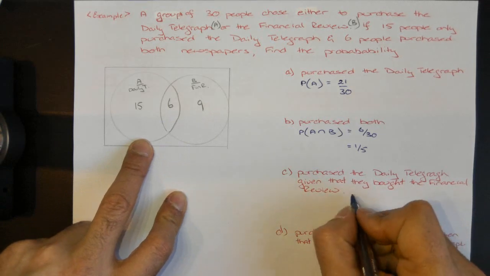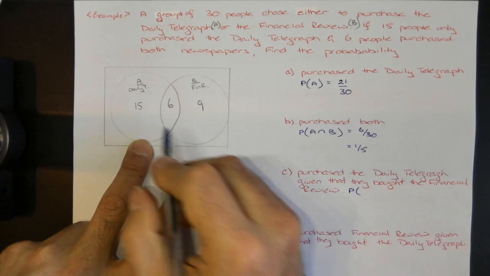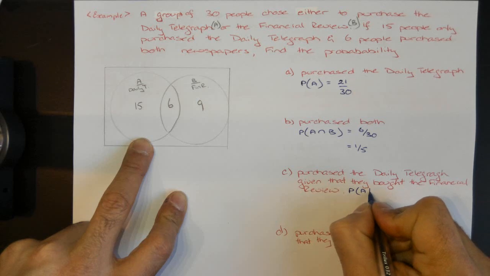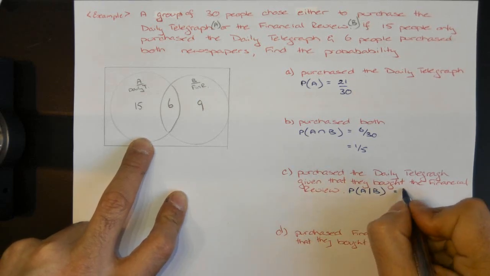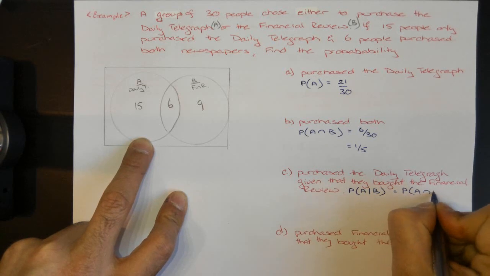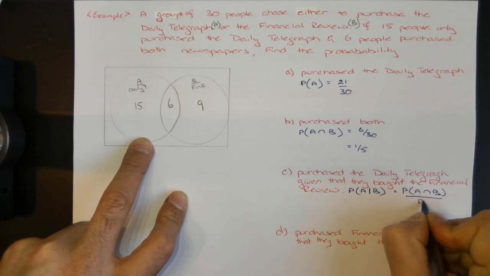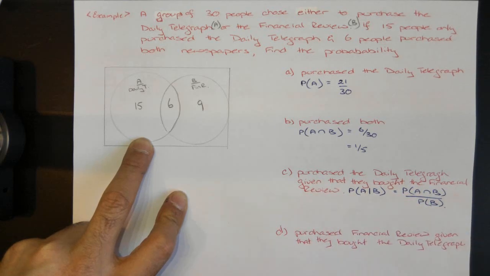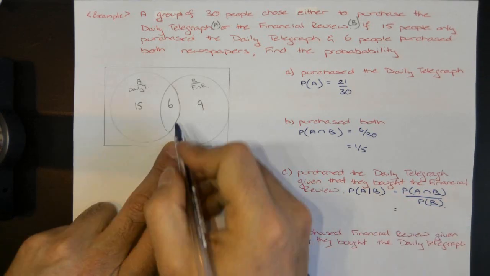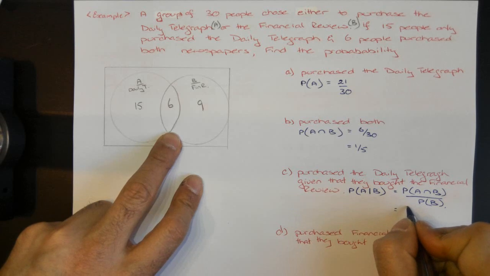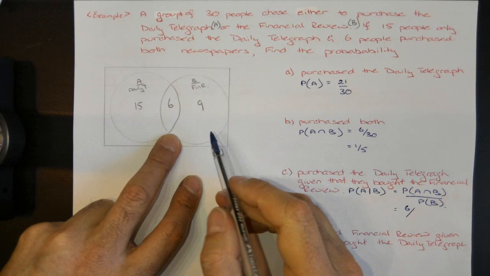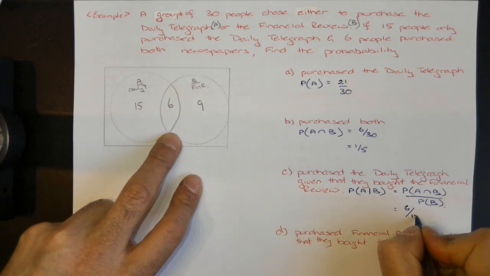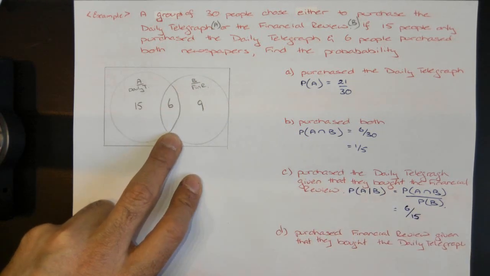We want the probability that A has occurred given that B has happened. That's the intersection of both over B. The intersection here is 6, and given that B has occurred, 6 plus 9 is 15. And that's how you work it out.